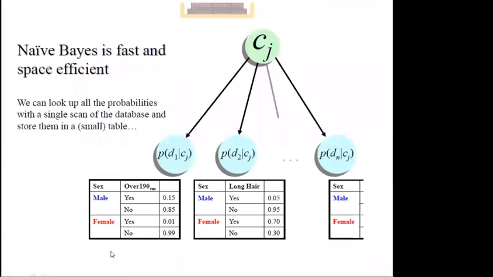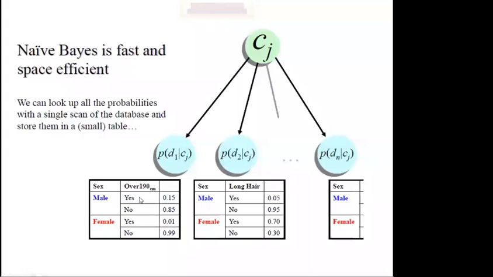Whenever you see an example table, you have to draw the table like this. That lengthy table you have to simplify and write like this: male, female, over 170 centimeter. Male, what is the probability? 0.15. Over 190 centimeter, if it is yes, what is the probability?